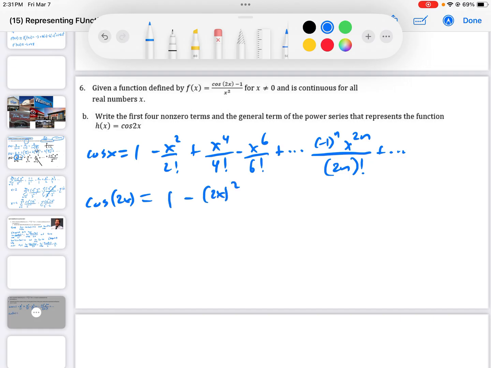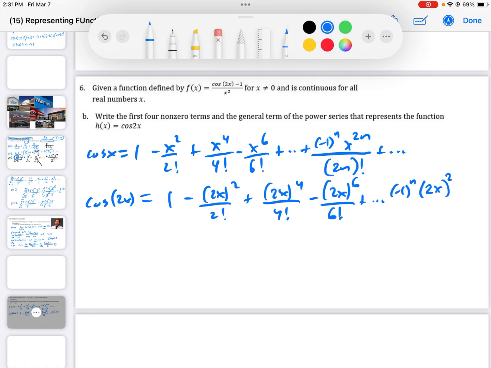So it'd be 1 minus 2x squared over 2 factorial plus 2x to the 4th over 4 factorial minus 2x to the 6th over 6 factorial plus dot, dot, dot, negative 1 to the nth times 2x to the 2n over 2n factorial plus dot, dot, dot.